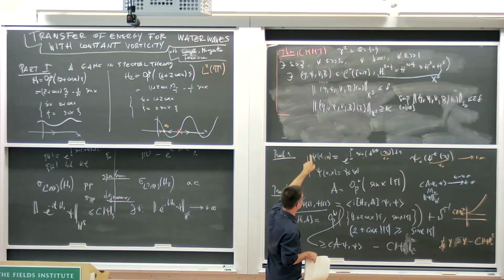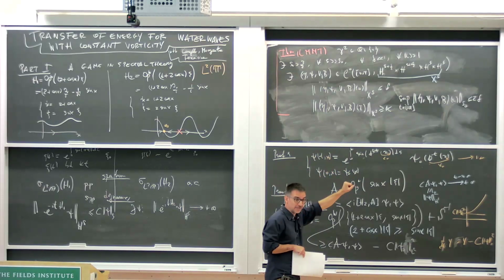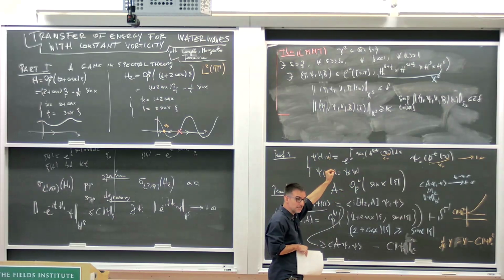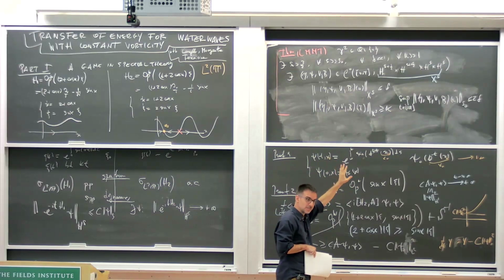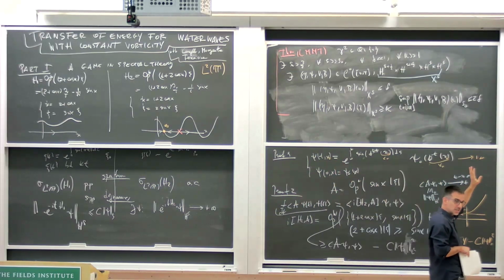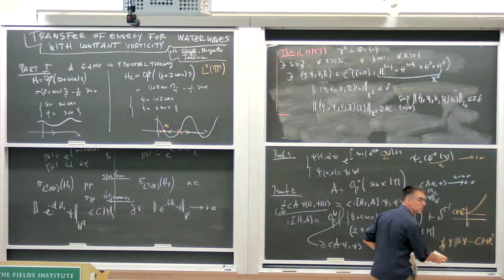I'm taking eta, psi in H^(S+1/2), and V should have one derivative less in principle, but actually I'm asking that it has just 1/2 derivative less. It's a bit stronger requirement, but this is what you should do in the pure gravity case for the local well-posedness. This is Alazard-Burq-Zuily.